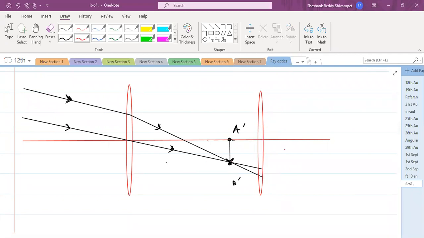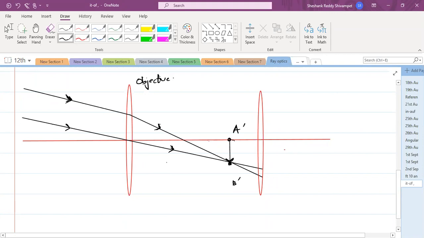Now what happens? अब देखो, this second lens यहाँ पे. So first of all मुझे बताओ which is the objective now, the left one or the right one? Obviously here this would be the objective, the left one which is facing the object, the incoming rays, and here this will be the eyepiece.